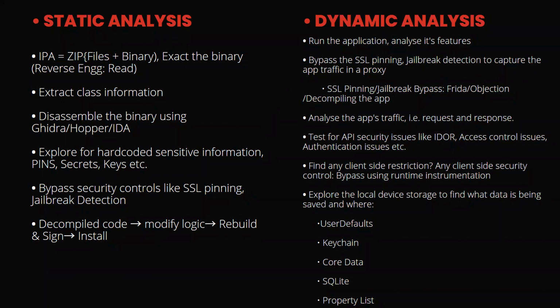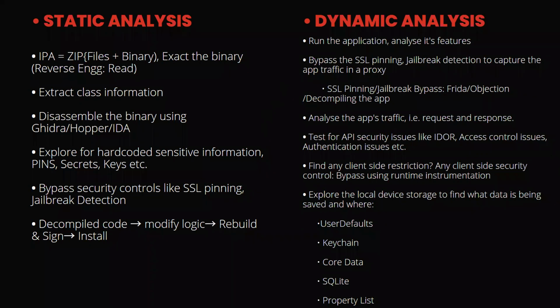First, understand what the IPA is. Whenever a developer develops an application, the code gets combined into one file together with all the resource files the application needs, in a zip format with the extension IPA.